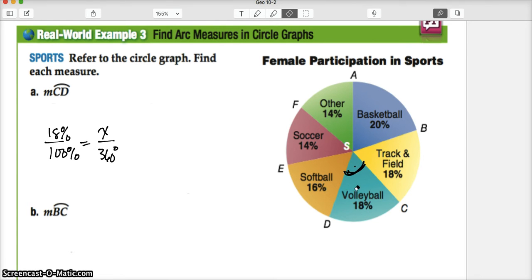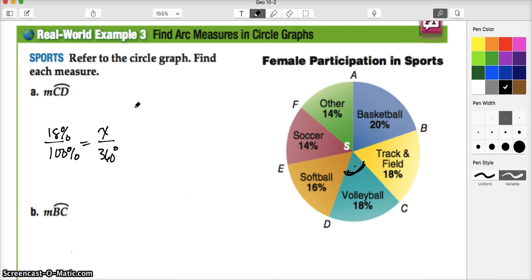Let's try it again. 18% to the whole 100% is the same as whatever this central angle is to the entire 360 degrees. We know how to solve these problems. We cross multiply and then we divide to get our answer. Making this calculator ready, you would do 360 times 18, which is equal to 100x.